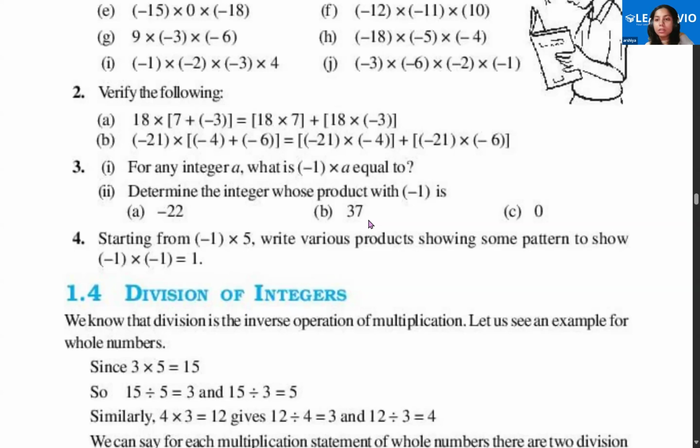I'm saying that the second part of the third question says you have to tell the integer: what should you multiply -1 with to get -22?